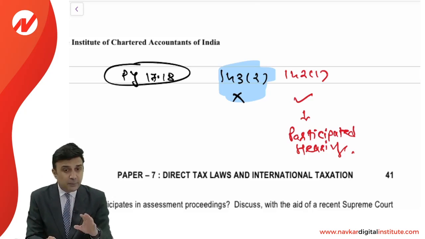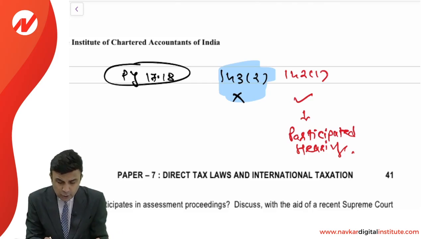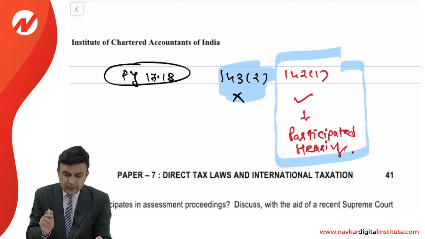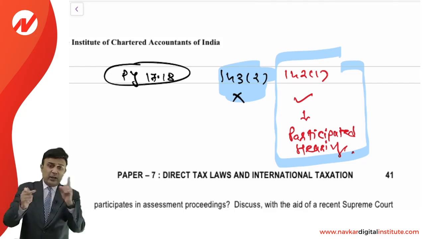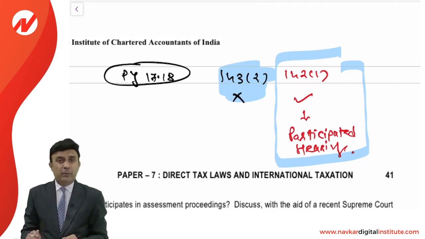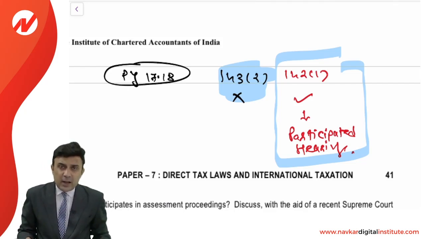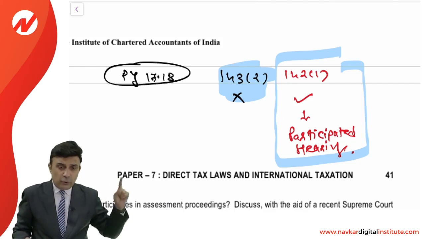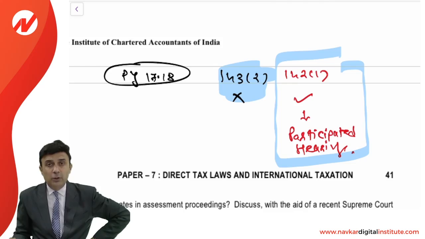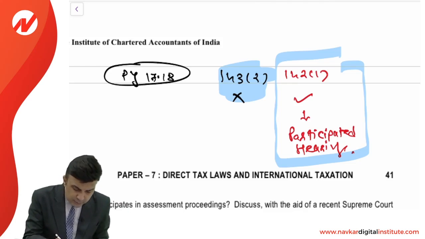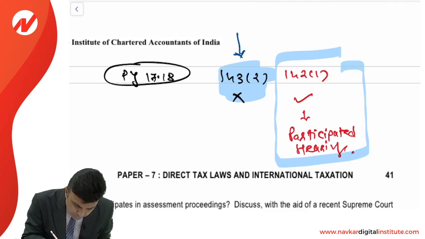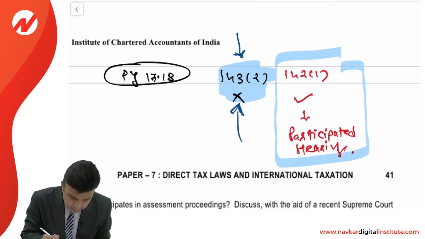The reason being, in spite of not being given 143(2), you have participated in the hearing, so the invalid hearing will become a valid proceeding under 292BB. Friends, whether the argument of the AO is tenable in the eyes of law or the assessee is correct in the eyes of law, remember, the notice must be served to the assessee.